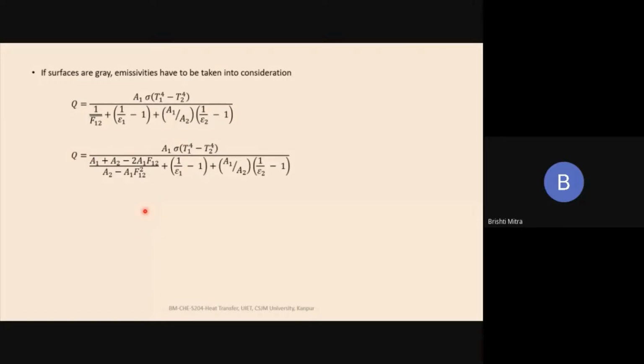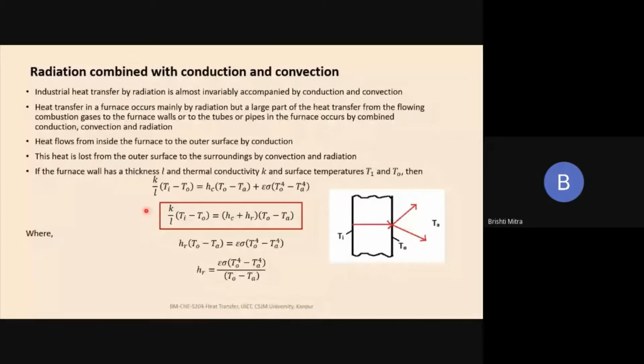where the net rate of heat transfer is primarily by radiation because of the very high temperatures which are involved in furnaces. Now let us look at the last thing that we wanted to talk about, that industrial heat transfer by radiation is almost invariably accompanied by conduction and convection. We just never have only radiation unless, of course, you have the flow of heat through a vacuum.